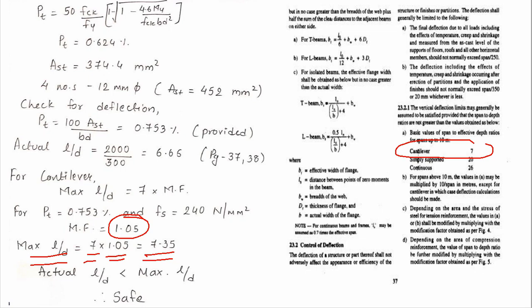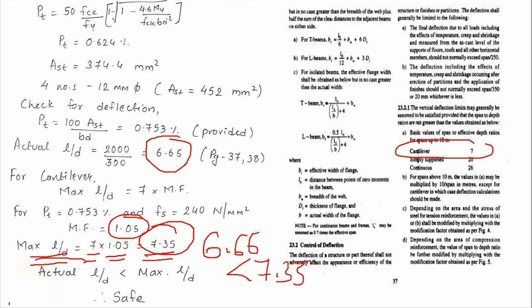That means the beam can resist a deflection up to 7.35, and our actual L by D in the beam was 6.66. So 6.66 is less than 7.35. That means our actual L by D is less than the maximum value, so our beam is safe.